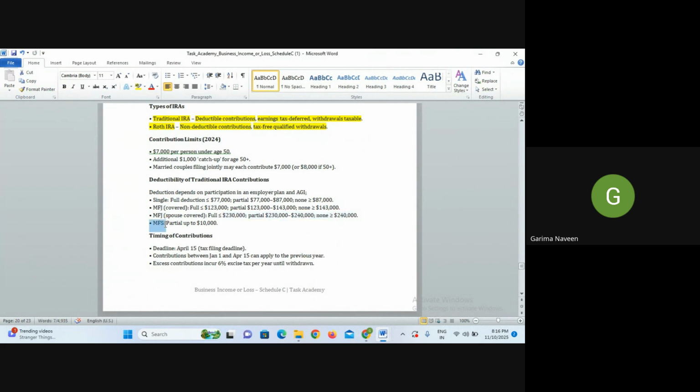Next, if you are filing as married filing separately, then up to $10,000 you can get a partial deduction, but above that you do not get any deduction for any contribution.